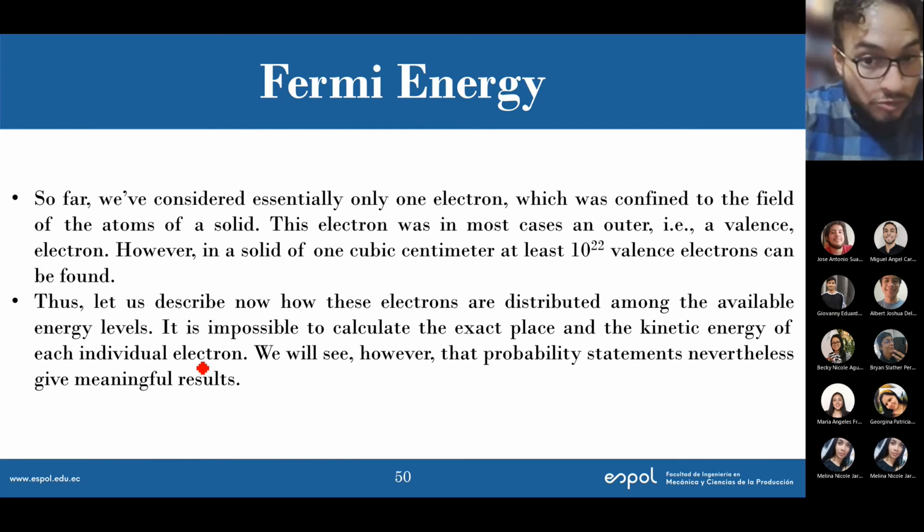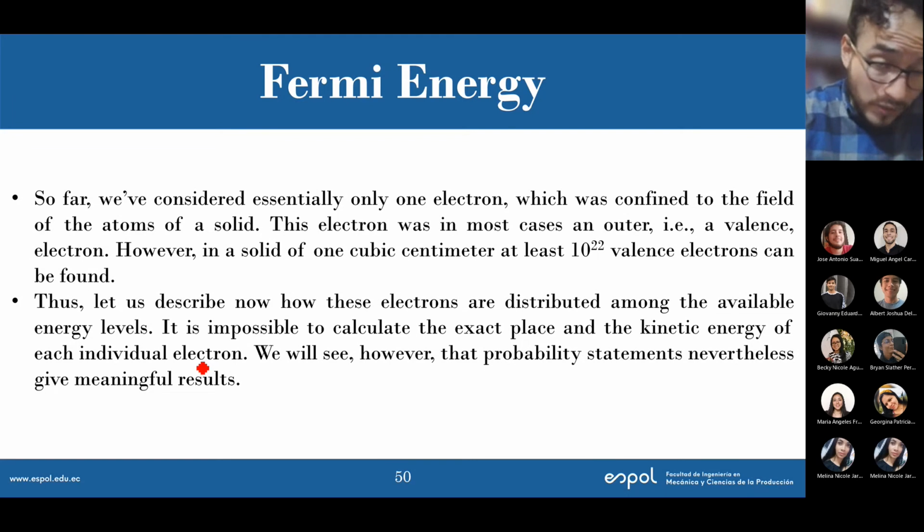And basically that electron was confined to a field of atoms of a solid. We were considering only one electron. And in general, most of the cases we've been talking about, not all of them, resemble valence electrons. So that means outer electrons, right?